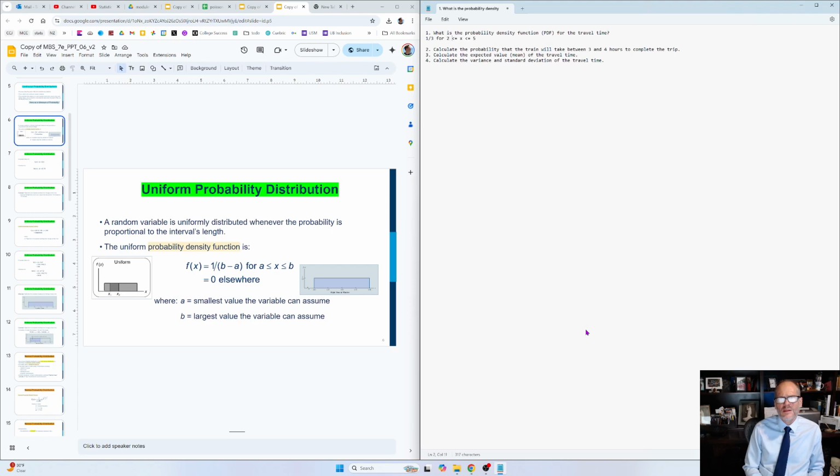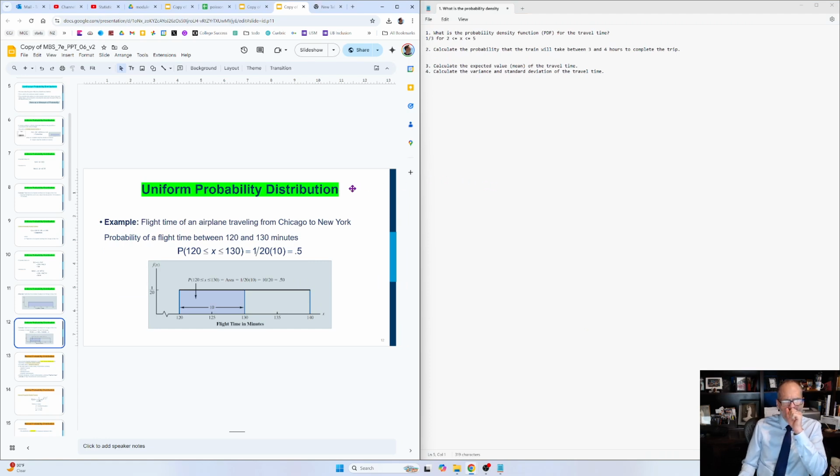Calculate the probability that the train will take between 3 and 4 hours to complete the trip. So the probability that the train will take from 3 to 4 hours is going to be 1 over 3 times 4 minus 3, which is 1/3 times 1, and that's equal to 0.3333.